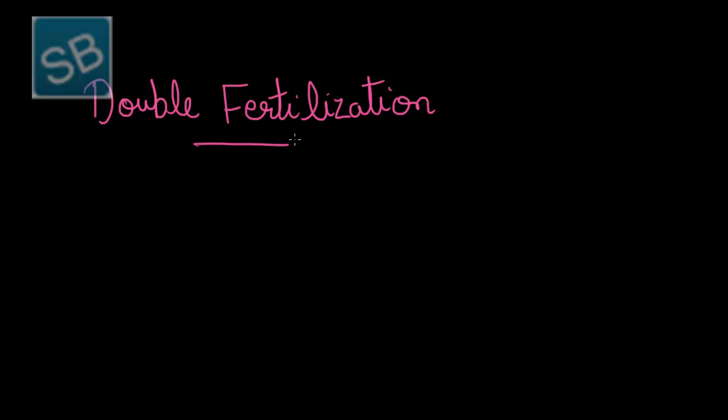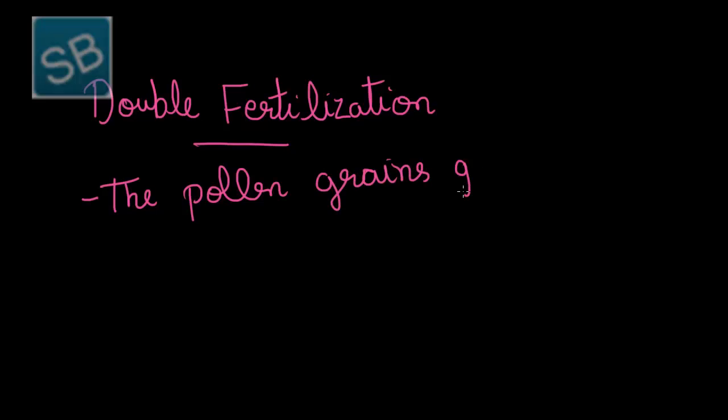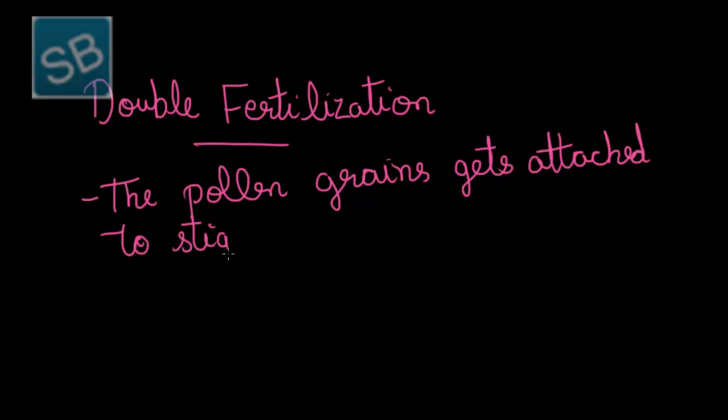As stated, after the pre-fertilization process, that is after the pollination that occurs, the pollen grain gets attached to the stigma of the flower, whether it may be self-pollination or cross-pollination.